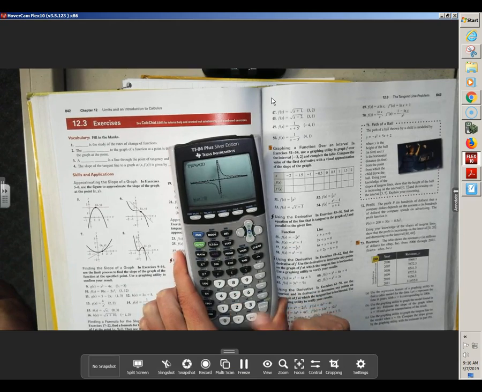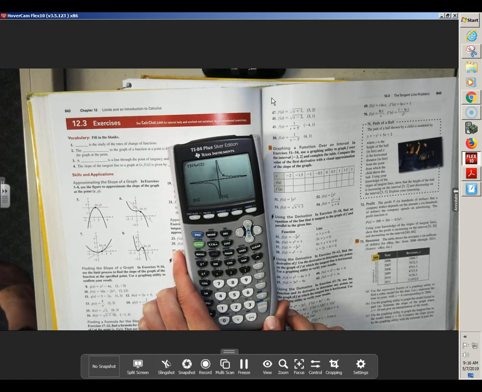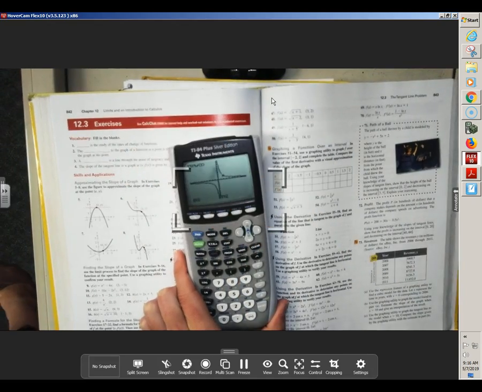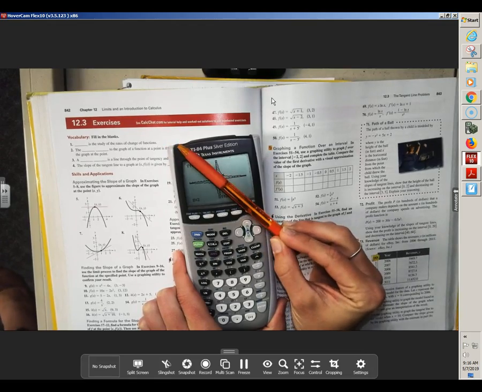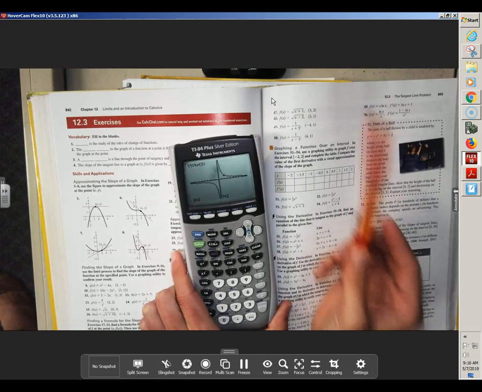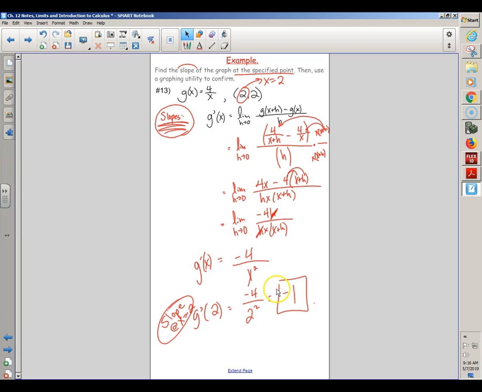I can go to 2, 2, right? Can I go to x equals 2 on my calculator? Can I eyeball, like, my pencil or something coming up to it? Does that confirm? No. How do I get the line with the slope at negative 1?